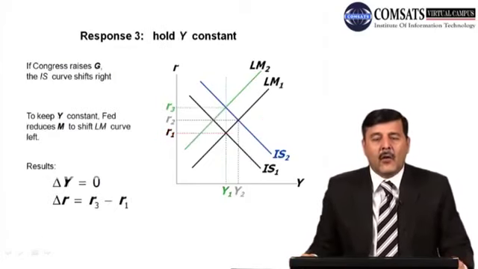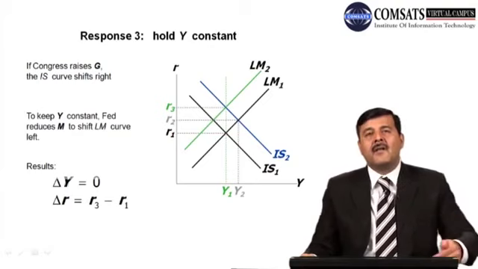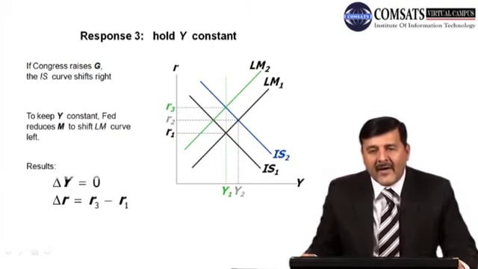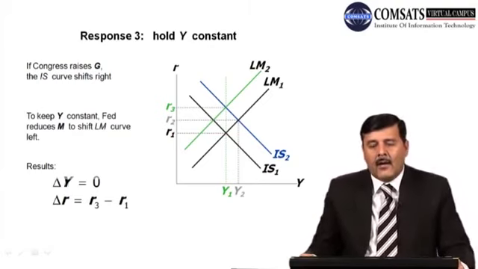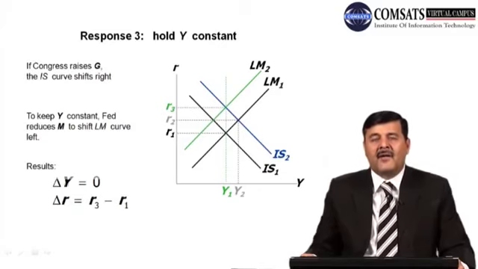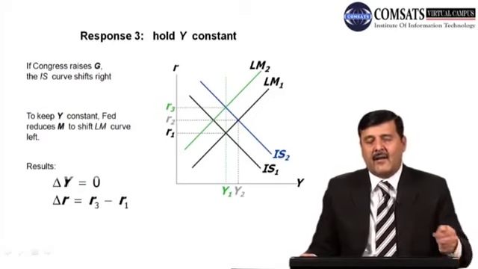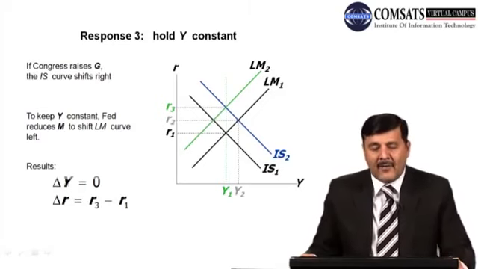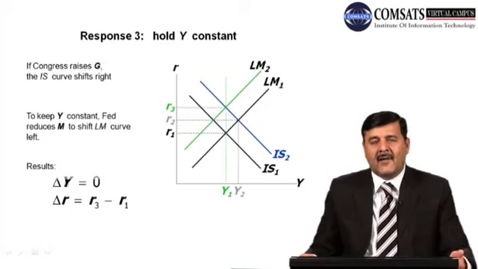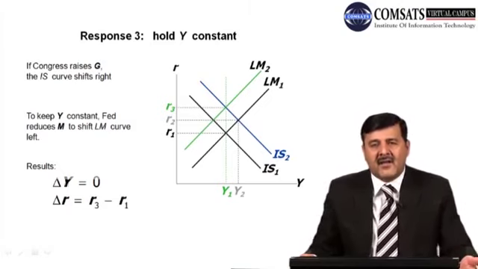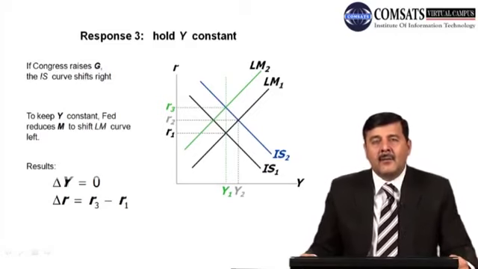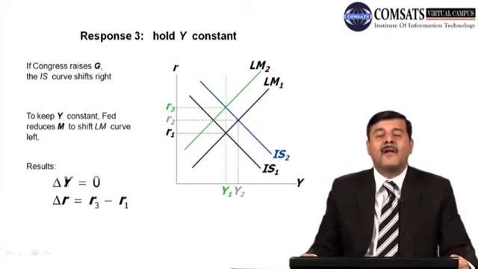Response 3. What is response 3? If the government wants to hold Y constant. Initially we have LM1 and IS1, and the equilibrium rate of interest is R1 and equilibrium level of income is Y1. Now suppose government purchases increase, so the IS curve shifts from IS1 to IS2, and the equilibrium rate of interest is R2 and the level of income is Y2.